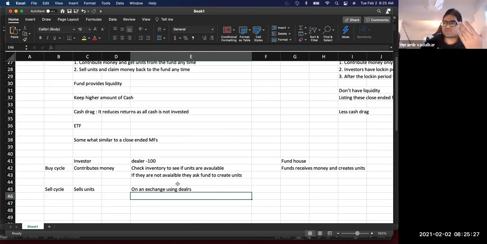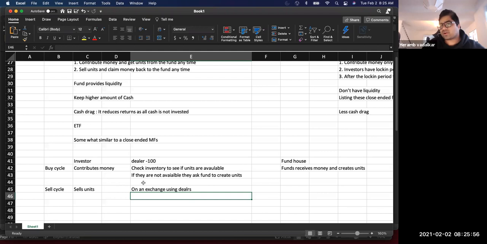So it's always a two-step process. When you buy an ETF on a stock market, it goes to a dealer. The dealer will see if he has units, he will give them to you. If he or she doesn't have units, they will create additional units by putting a request to the fund house. Same way, when you sell your ETF on an exchange, in the stock market, they will see whether there is a buyer available to that trade.